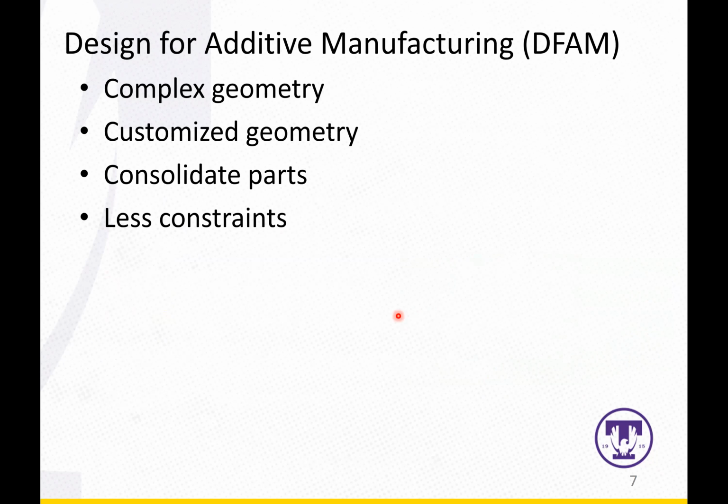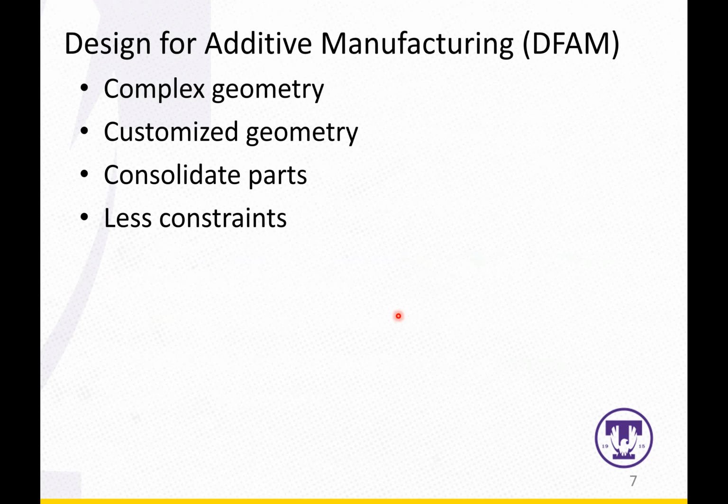Because the nature of additive manufacturing is totally different from those conventional manufacturing processes, making a customized product will not be that expensive and difficult. Then you could consider some customized shapes instead of all of them being for mass production.